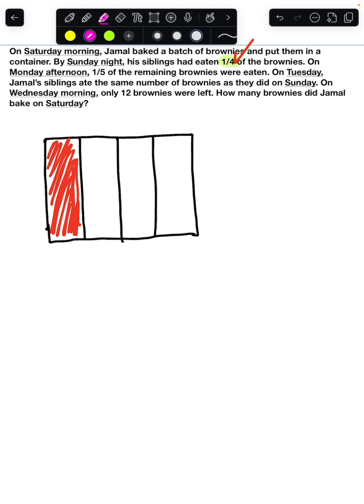On Monday afternoon, 1/5 of the remaining brownies were eaten. So, we have thirds, we need fifths. The closest way of doing that is to make it into 15ths. So, we are going to split our container into this.